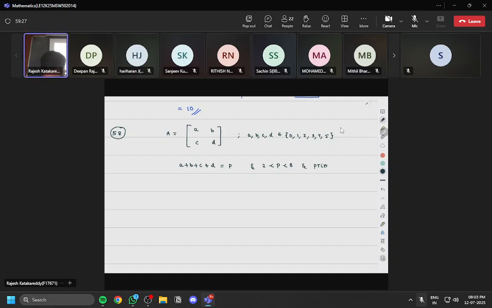Most of you would have solved it this way. Case 1: a plus b plus c plus d equals 3, by manual counting or non-negative integral solutions. Then a plus b plus c plus d equals 5, and then equals 7. That is perfect, I'm not saying it is wrong.